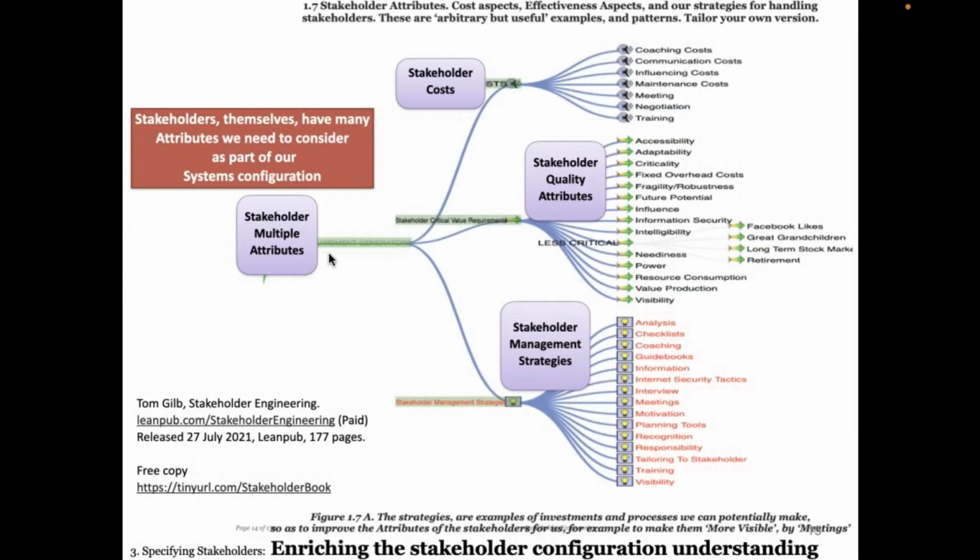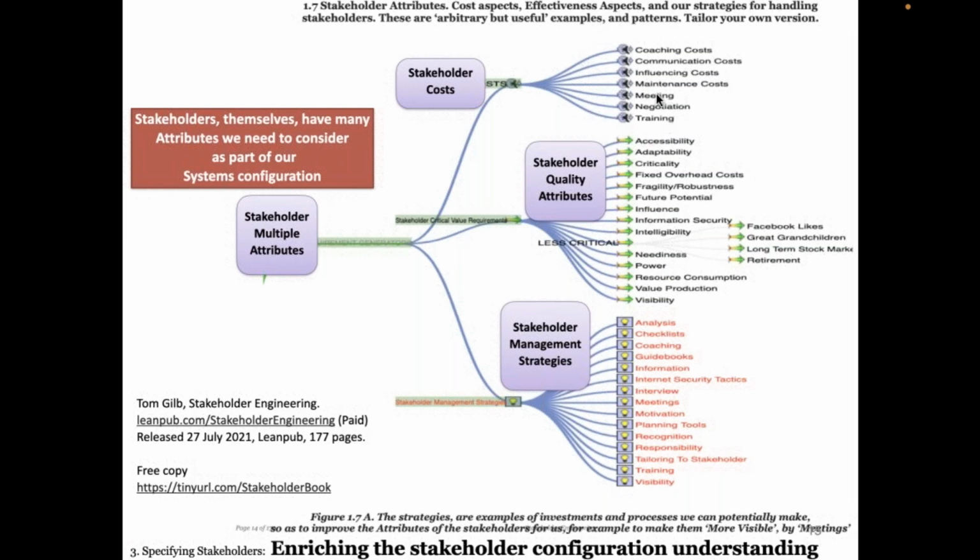The stakeholder itself, any one stakeholder, will have things like different attributes. How adaptable are they? How powerful are they? How visible are they? Let's say easily 10 interesting characteristics of each and every stakeholder, which can, in theory, be quantified and measured. And then we have some costs.